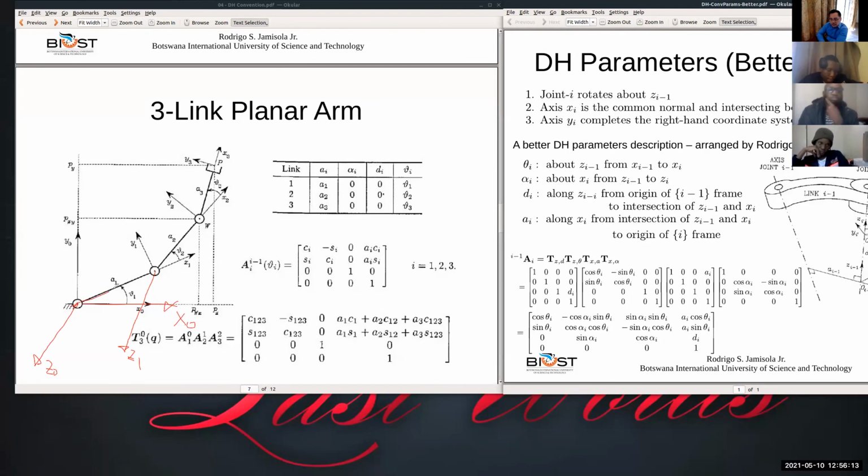So we choose this to be our X1 because it is intersecting Z1 and Z0 and also perpendicular. And also, it's not stated there, but it passes through the origin of frame 0. Of course, we can choose it to be like this, but then the parameters will change. This one is the most convenient for us. Okay, any questions?